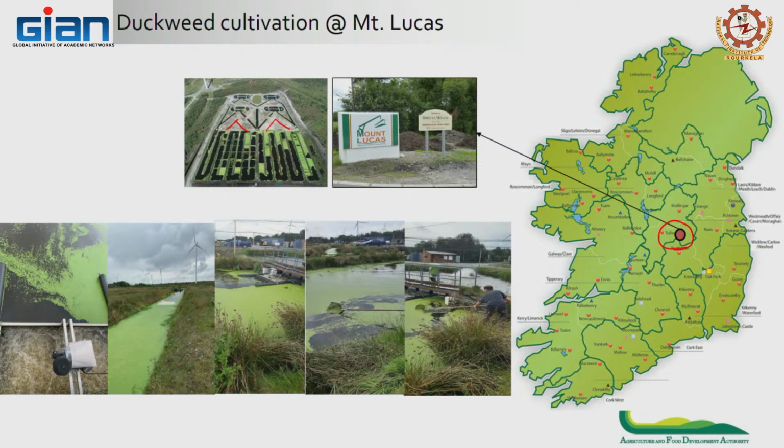Fish are moving in this water and duckweed is grown on the top, exactly what you see over here. The duckweed is growing, and the energy is taken from wind, that is a wind turbine. Everything here is a demonstration site to improve circularity.